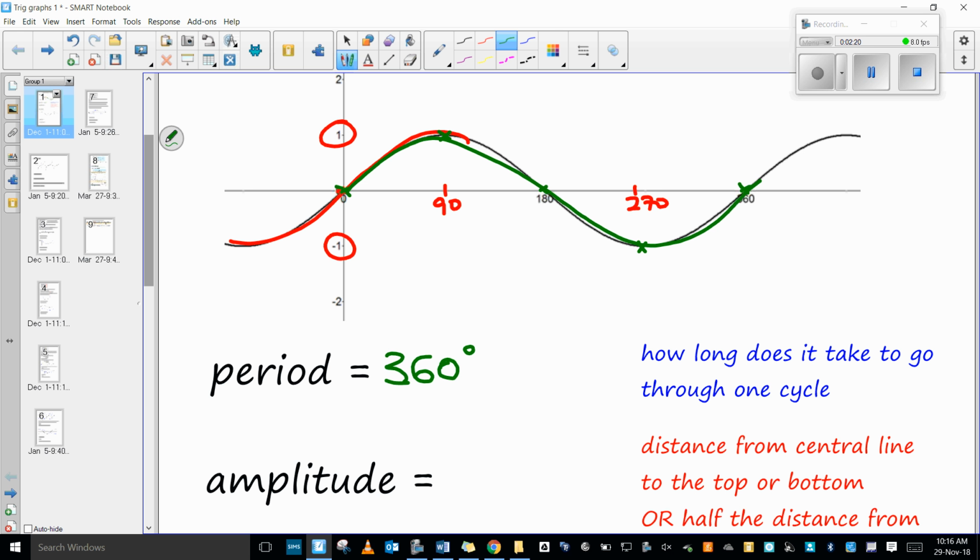Now, we could have labeled this -270 and this would be 450. So you didn't have to start at 0 and end up at 360. You could have started here at -90 and ended up at 270, but it still would have been 360 degrees. So how long does it take to go through one cycle?